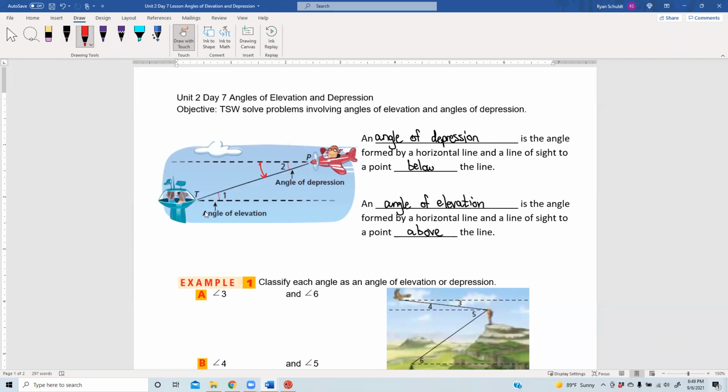Looking at our picture here, angle 1 is an angle of elevation because the control tower is looking up at the plane. The thing to remember is always go from the dotted line to the solid. I'm going to put that as a note.